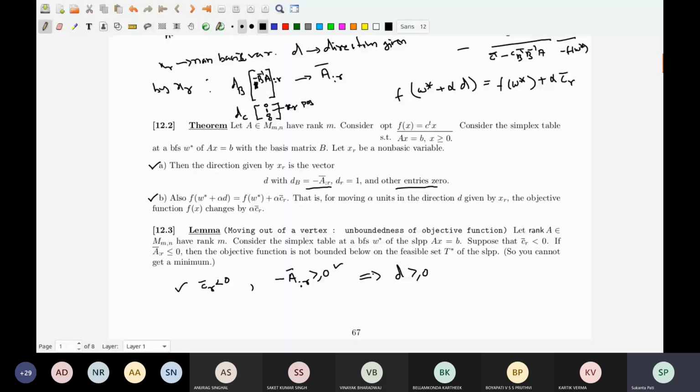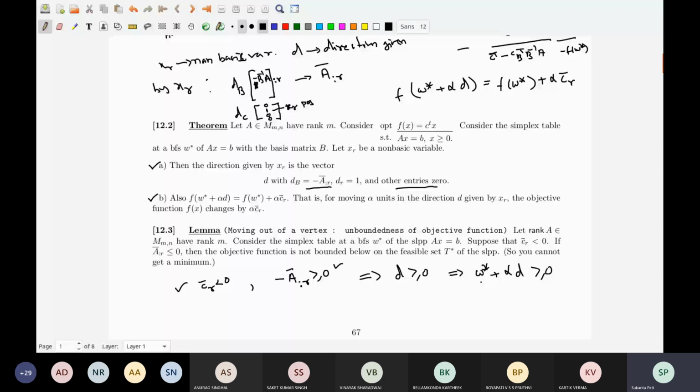This means if you travel from W star by any positive extent, the entries will always remain greater than or equal to 0, because W star was a point with entries greater than or equal to 0, alpha is greater than or equal to 0, and D has entries greater than or equal to 0.